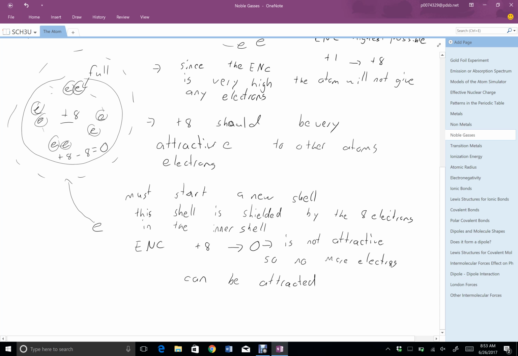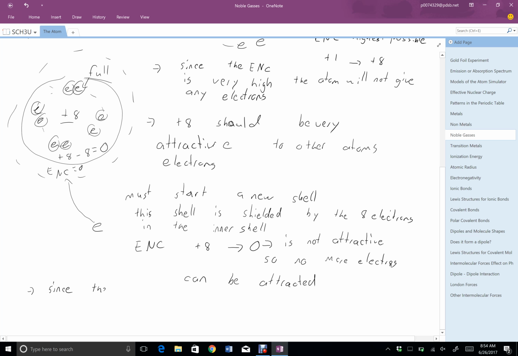If you want to think of it this way, the +8 level is full, and the next level has to do additional shielding, and this level has an effective nuclear charge of 0. And so it's very happy to have its 8 in that full shell, but if you have to start another shell, it's very unattractive. There's no attraction for any future electrons.